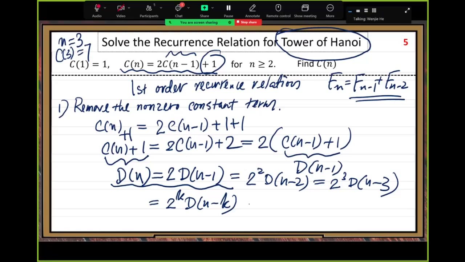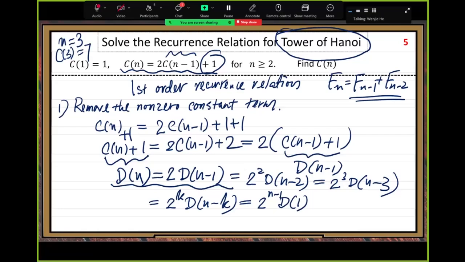Then, let's look at the last step. 2 to the n minus 1, okay, k equals n minus 1, times d of 1. We just make k equals n minus 1.